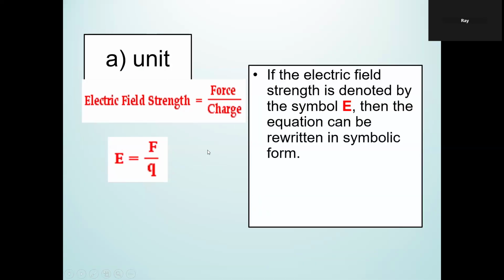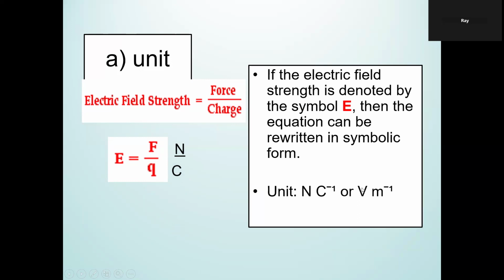Unit. Electric field strength is denoted by the symbol E, and is a vector. Then the equation can be rewritten in symbolic form, as a formula. Force is in newton, charge is in coulomb. This is newton per coulomb.